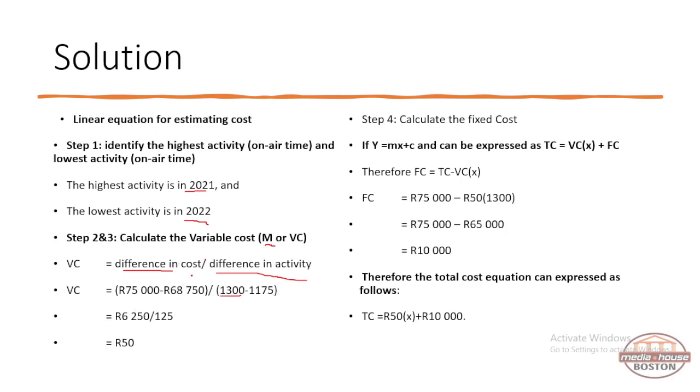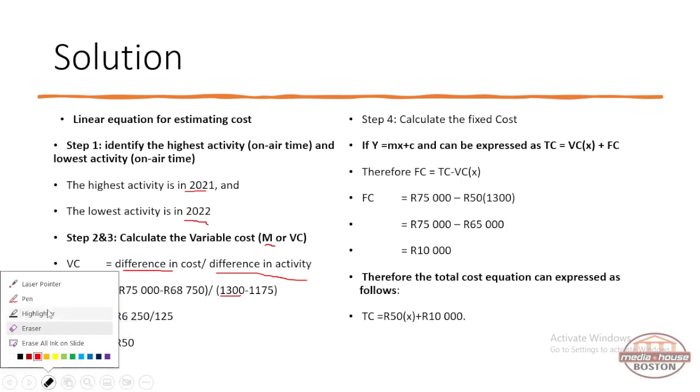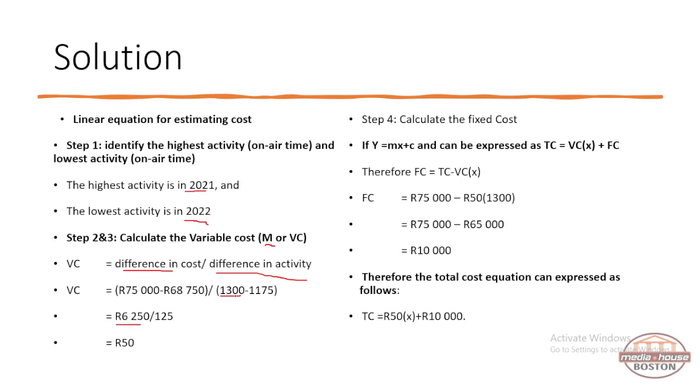So the difference between the cost of 75,000 and 68,750, from the lowest activity, is 6,250. This 6,250 is the variable cost change, caused by the difference in the activity level, which is 1,300 minus 1,175, giving us 125 airing times.